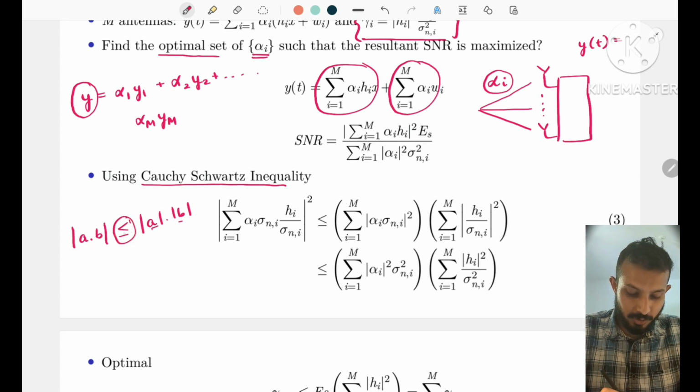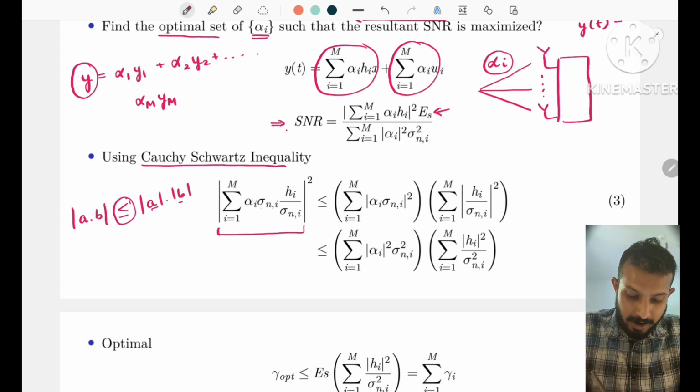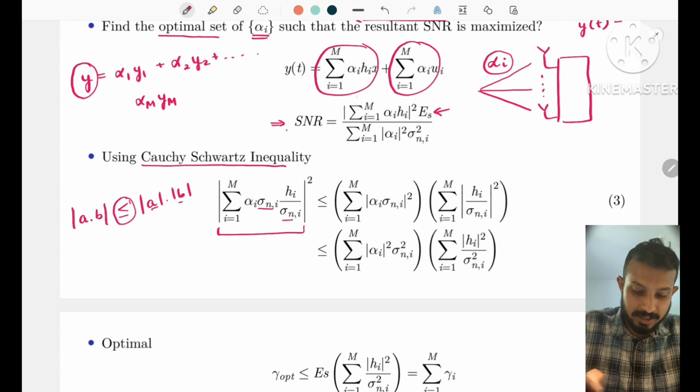Otherwise it is less than or equal to this. So we will exploit this Cauchy-Schwarz inequality in this SNR form. So now let us focus on the numerator part. We can write the numerator part as this. We multiply and divide by sigma n comma i, such that they both get cancelled out and we get again the same form.